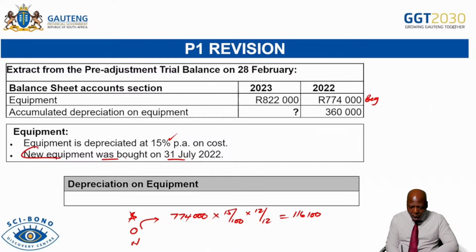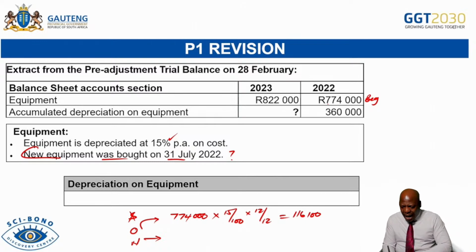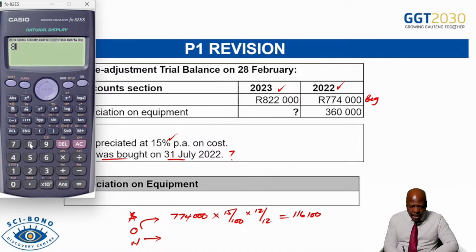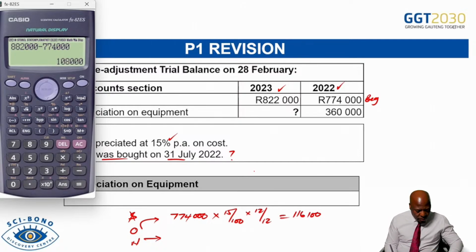Then do we have new? New equipment was bought. That means I'm going to come now and calculate for the new. How much was the new equipment? We are not told. But I know that the difference between the equipment in 2022 and the equipment in 2023 is the new. So I'm going to say 882,000 minus my 774,000. Okay, let me do it again.